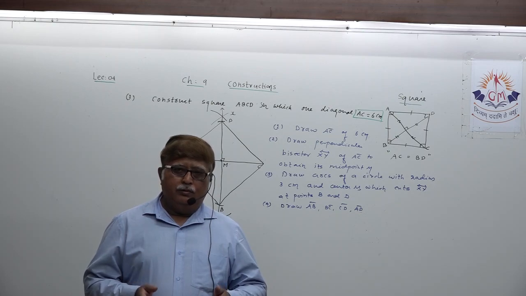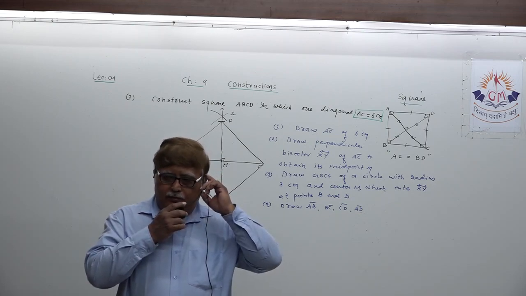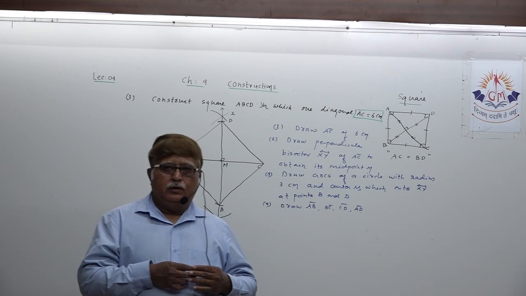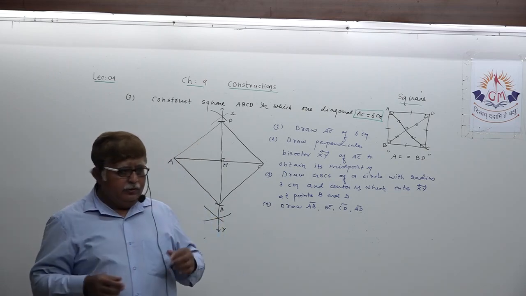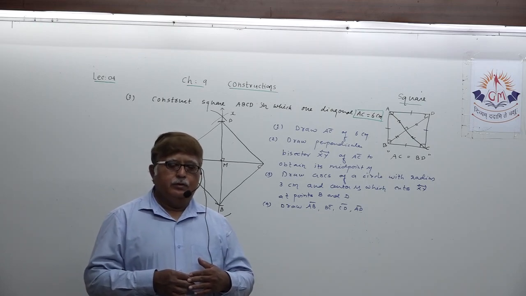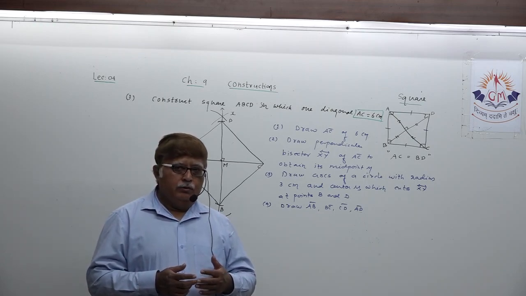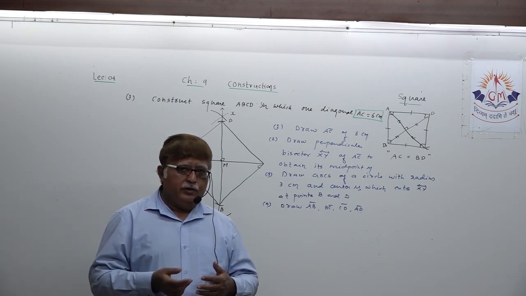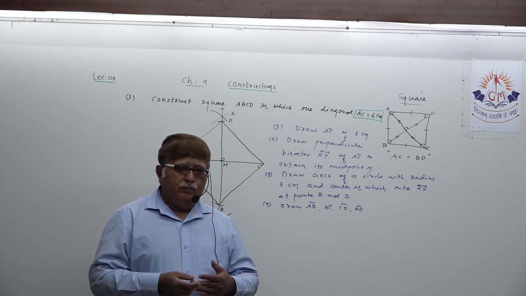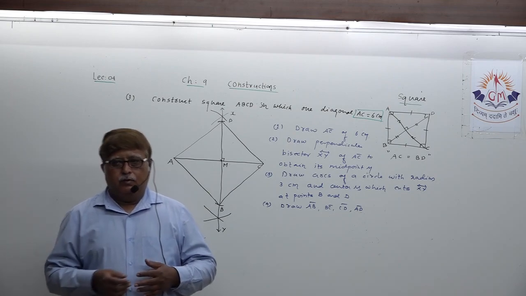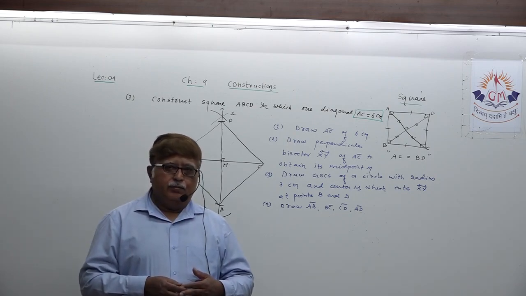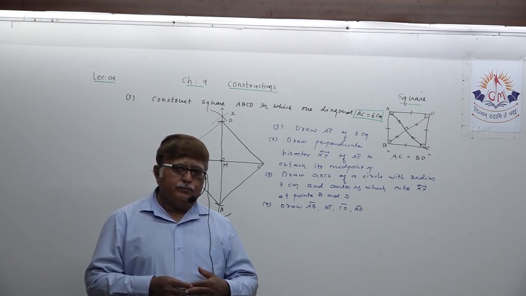Today you are going to attend the last lecture in chapter number 9, construction. In this particular chapter, as you all know very well, in the second half we are taking construction of specific types of quadrilaterals.